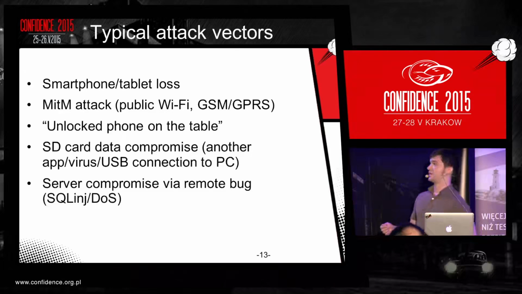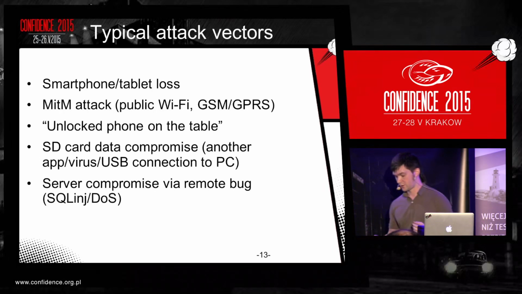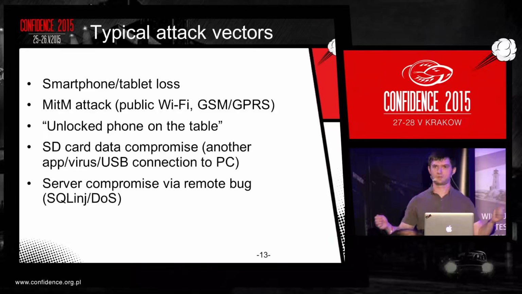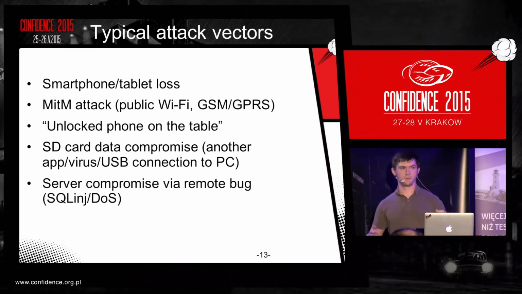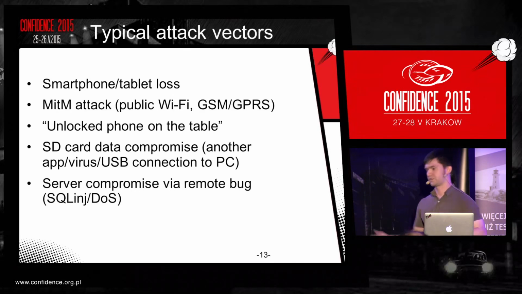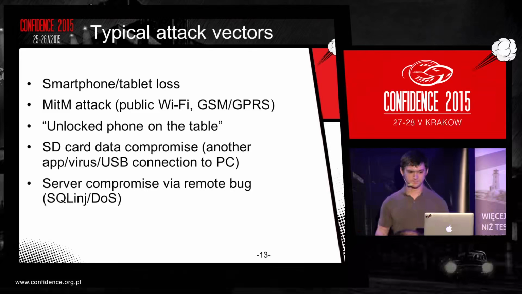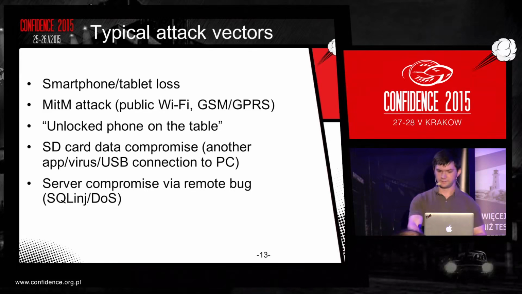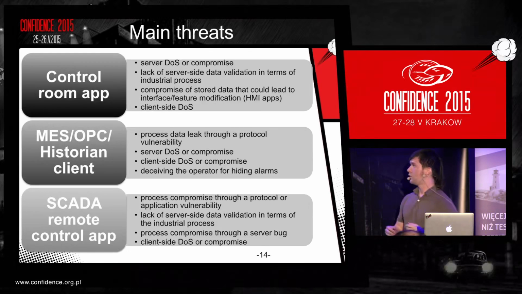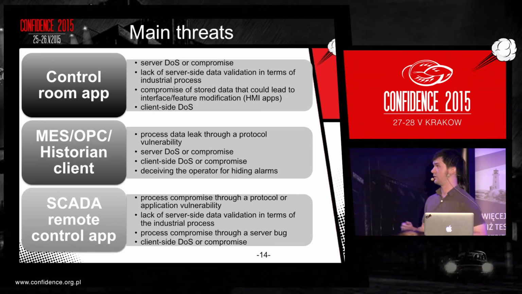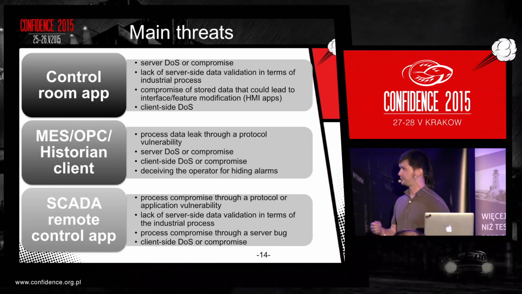Also, the attacker can try to compromise the remote server with some bugs. It's obvious that server applications can have a wide variety of vulnerabilities, from SQL injections to denial of service and remote code execution and so on. So, what are the main threats for the ICS classification?